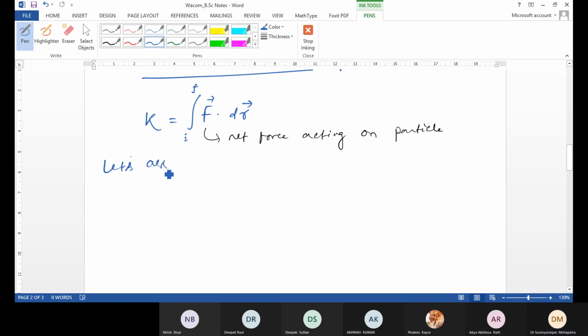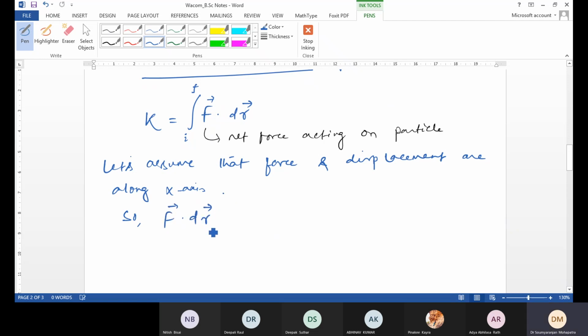So F dot dr, which was dx, dy, dz, now becomes F dx, isn't it? This is for simplicity I have written. Yes or no?